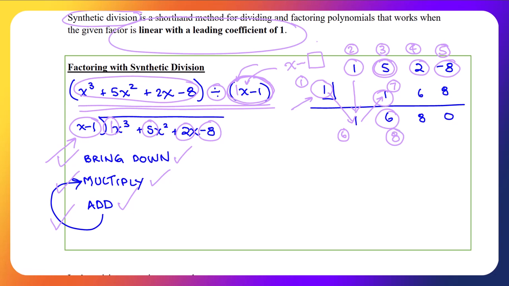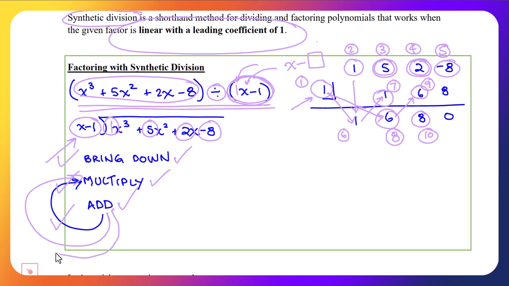Then we keep going. After we add, we multiply again. So 1 times the 6 is 6. So that's the 9th step where we multiply. And then we add the 2 and the 6, and we get 8, and that's the 10th step.